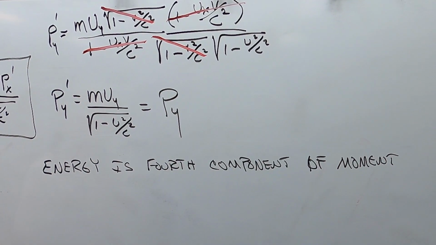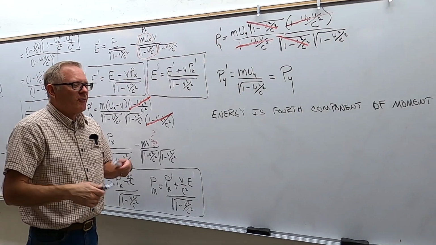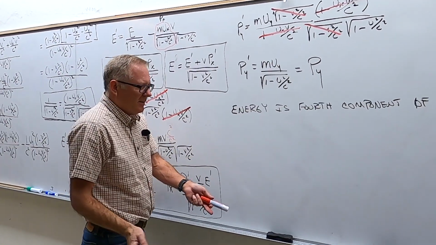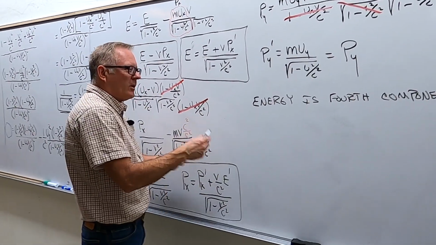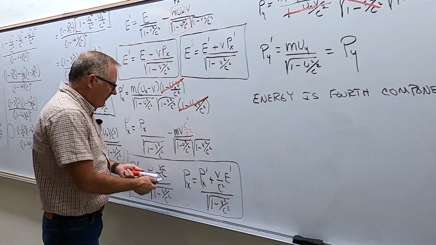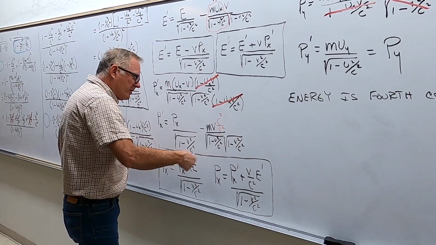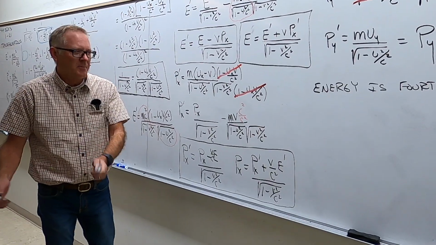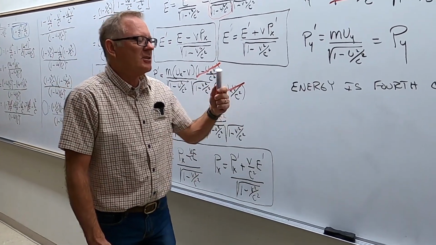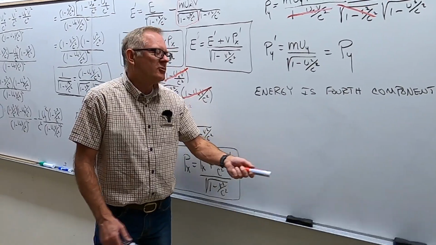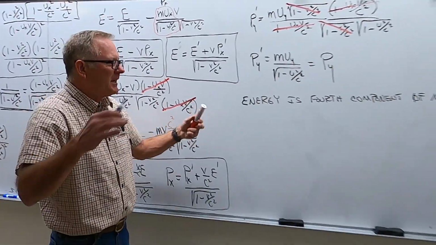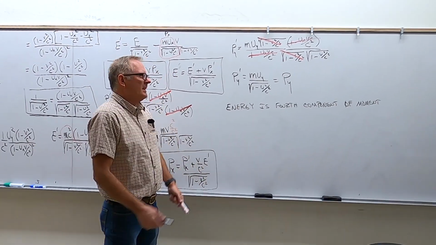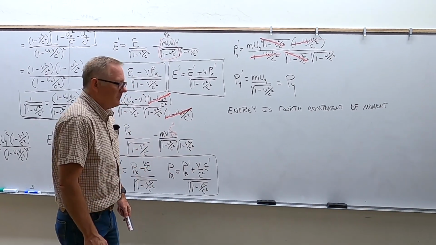Matter of fact, a lot of times they say there's something called a four vector. Normally our vectors are three dimensions, x, y, and z. But a four vector would have an x, y, z, and t. But you could have the same thing with this. This is a part of a bigger four vector, which is px, py, pz, and energy. And when we say energy is conserved and momentum is conserved, it's really part of a much bigger conservation, which is that the four vector, energy and momentum, is all conserved.